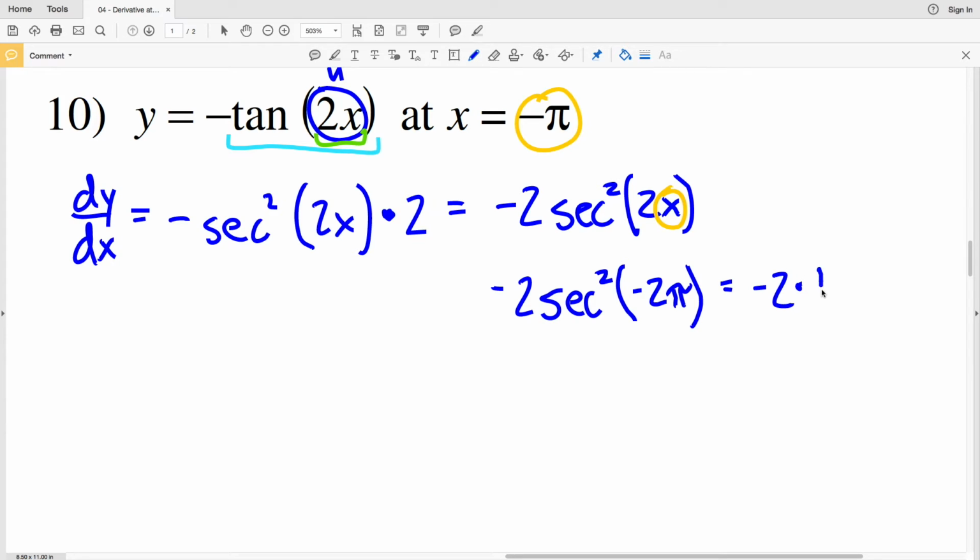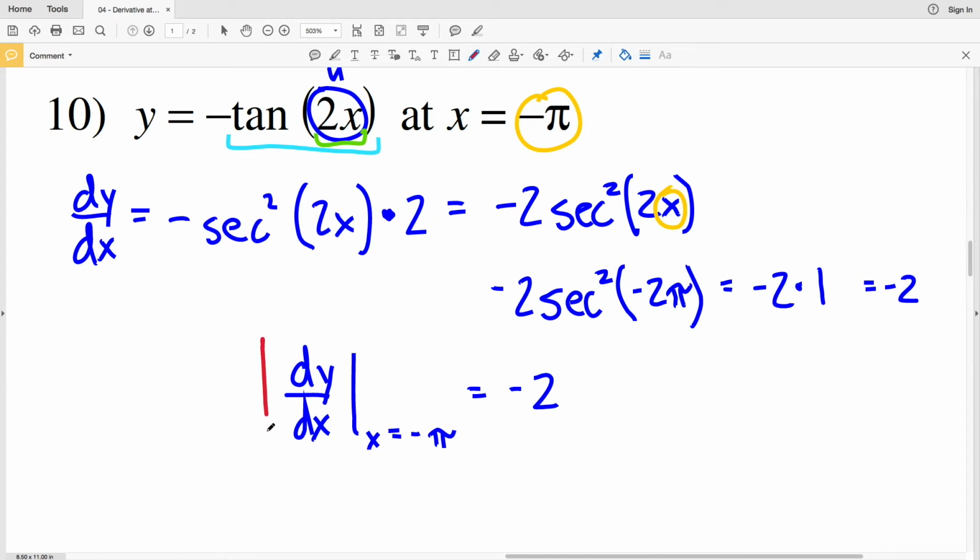So we'll have negative 2 times a positive 1, which equals negative 2. Therefore, in number 10, our last and final solution on this worksheet, the derivative of y with respect to x at x equals negative pi equals a negative 2. And that's my solution in number 10.